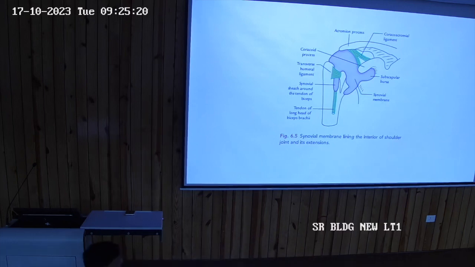Look here, this is the synovial membrane, and this synovial membrane is showing the 3 openings. One is at, this is the coracoid process, and anteriorly there is the subscapularis muscle. So the first opening is at the coracoid process and tendon of the subscapularis muscle.